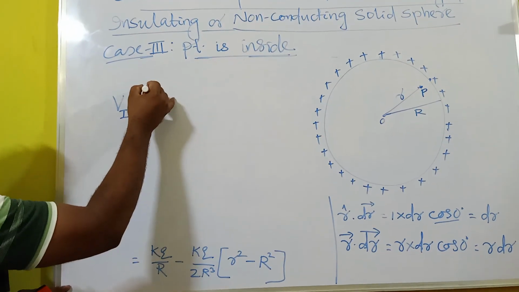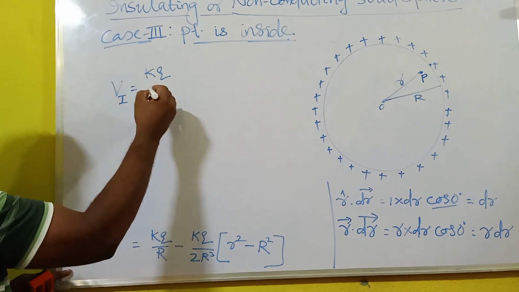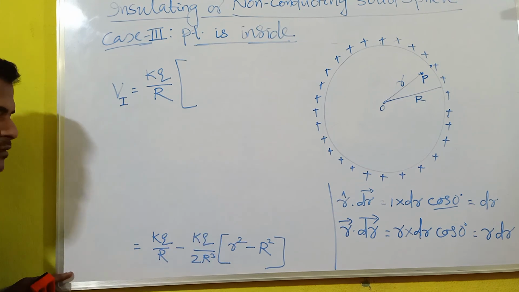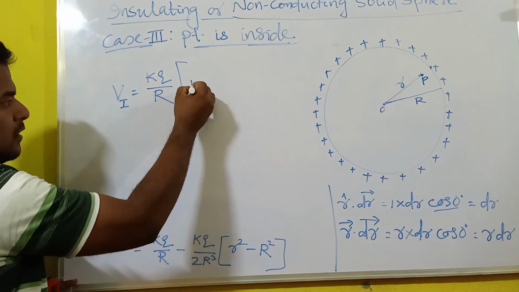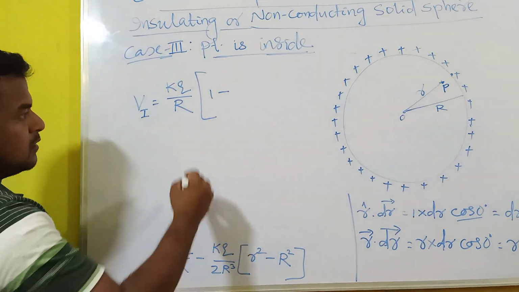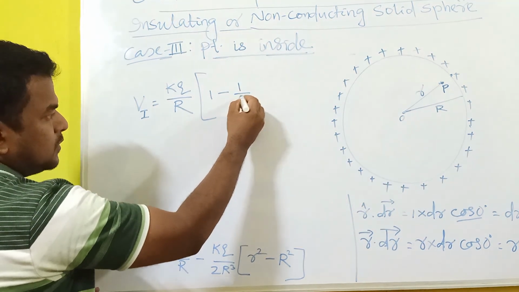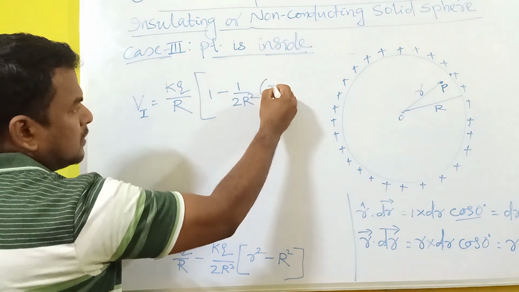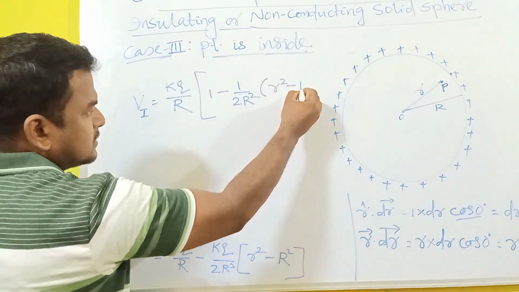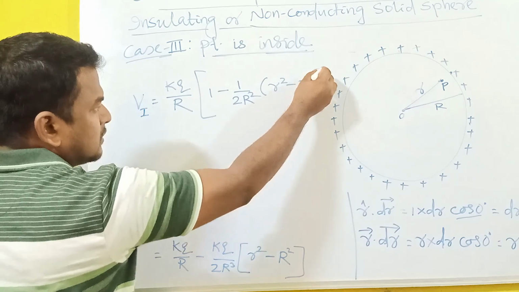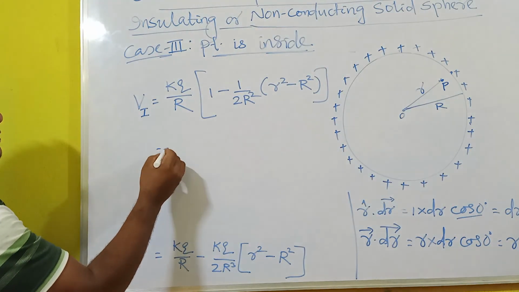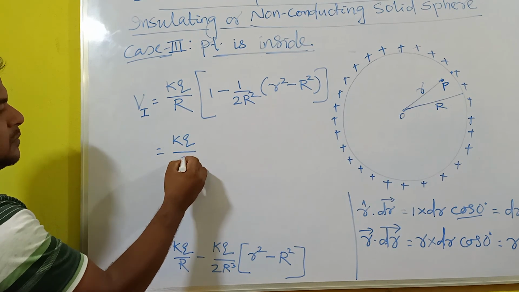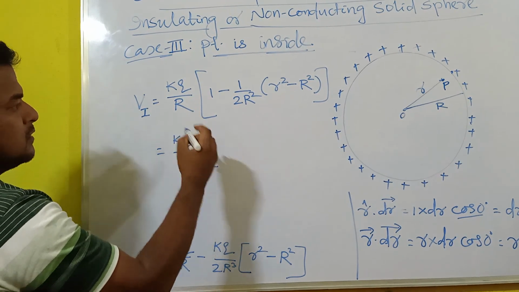In common, kq upon R. Here 1 minus 1 upon 2R square into small r square minus capital R square. So it will be how much? kq upon R. This is how much?